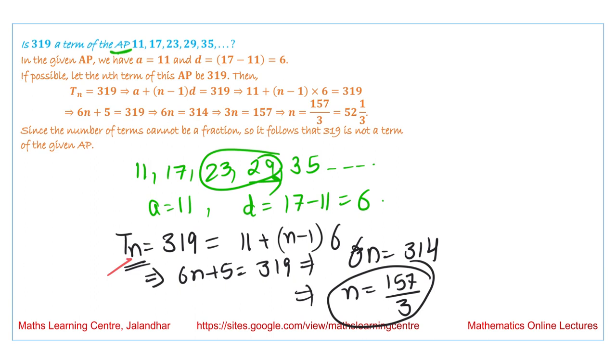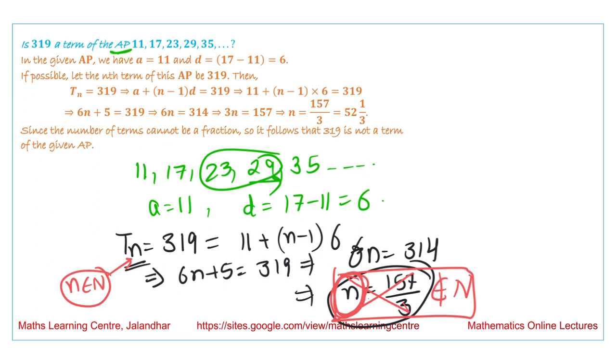We are considering n as a natural number because it is a sequence. We are talking about the first term, second term, third term. So this n does not belong to the natural numbers. This is not a natural number. So there is no value of n for which Tn is equal to 319. It means 319 is not a term of the given AP.